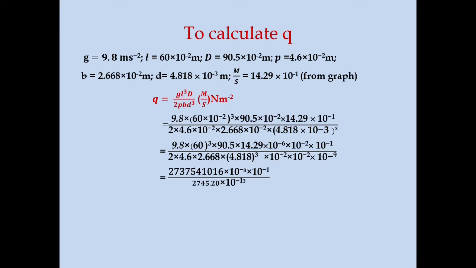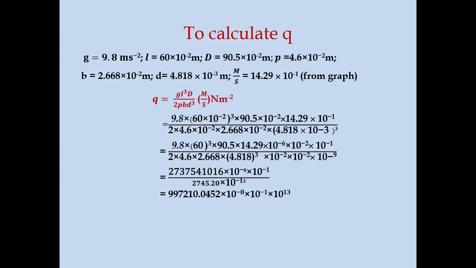Then you have 2 into 4.6 into 2.668 into 4.818, the cube of which will give you 2745.20, and computing all the powers, minus 2 minus 2 minus 9 will give you 10 power minus 13. Then dividing the numerator by the denominator, we get 997210.0452 into 10 power minus 8 into 10 power minus 1.